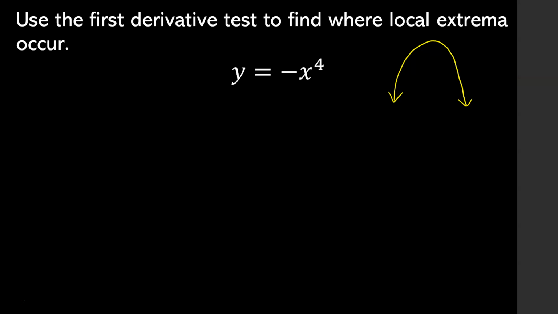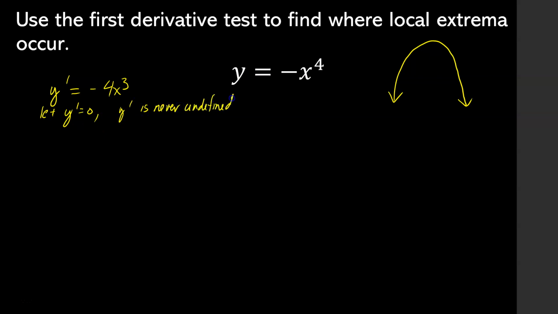And since negative x to the fourth is a polynomial, we know it's continuous and differentiable everywhere. Cool. So let's find y prime. That's easy, negative 4x cubed. We need to find critical values. That's the only place that a function can have a maximum or minimum. So let's let y prime equal 0. And we also know, since we're talking about a polynomial, y prime is never undefined.